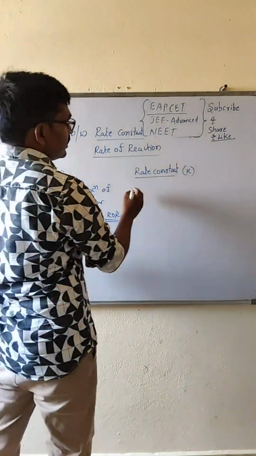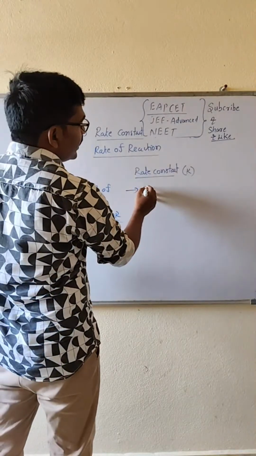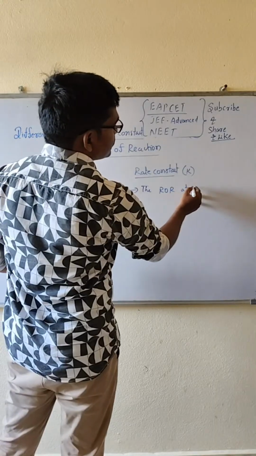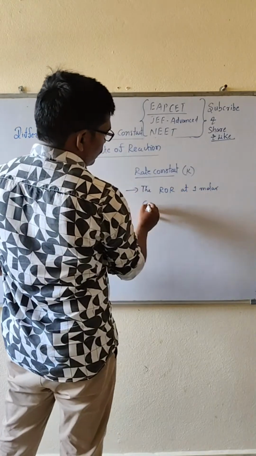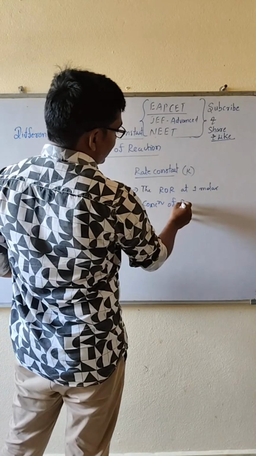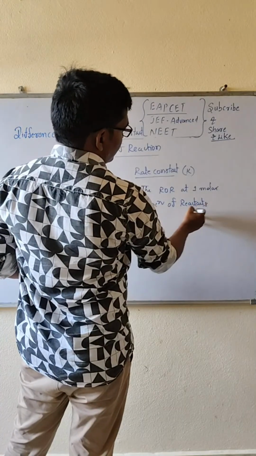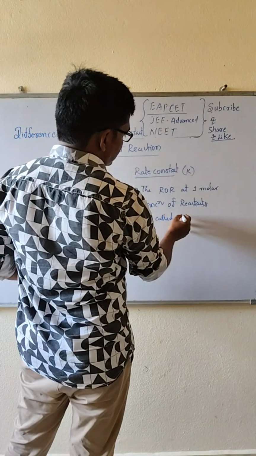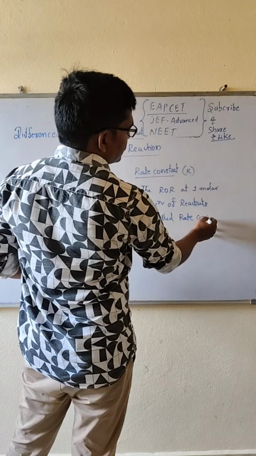Then how do we define rate constant? Rate constant is defined as the rate of reaction at 1 molar concentration of reactants, which is called the rate constant.